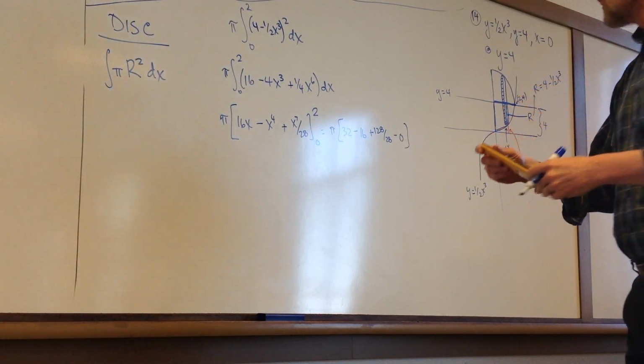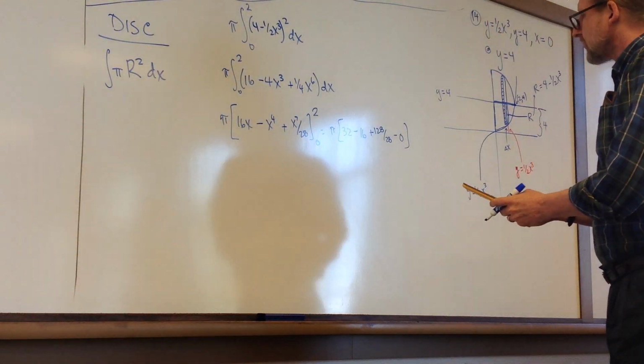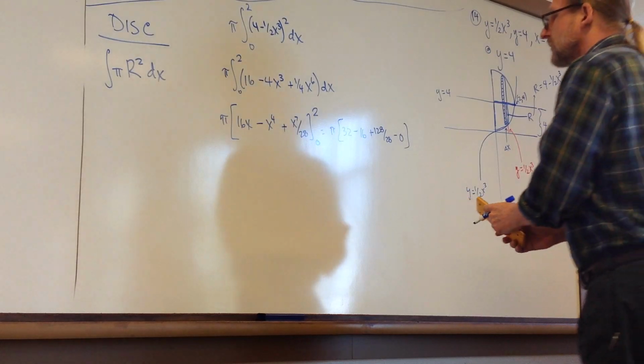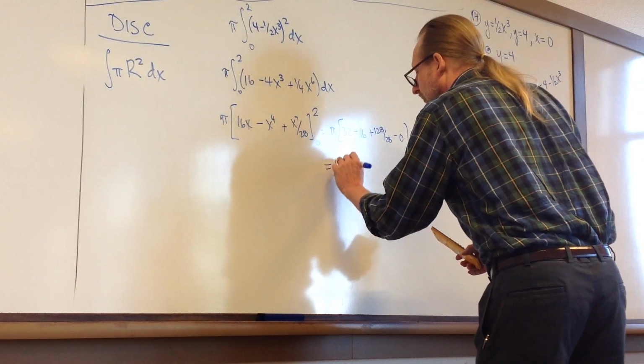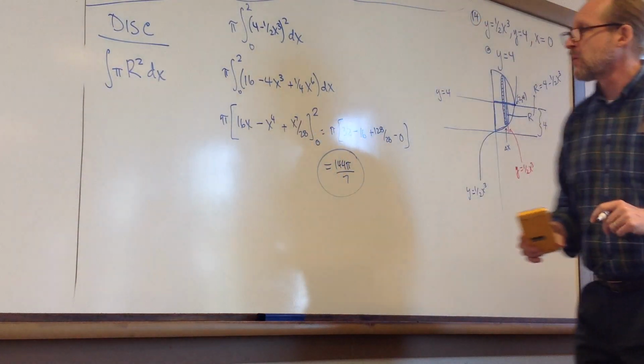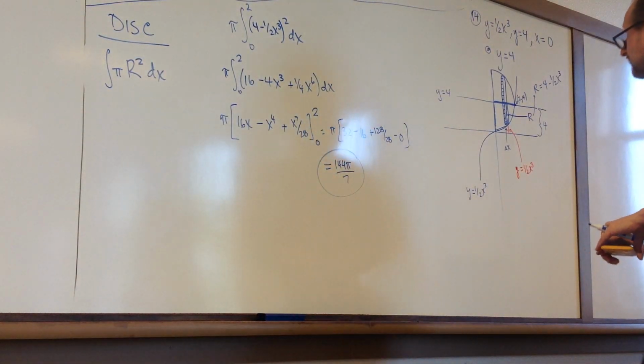So let's see what this comes out to here. 32 minus 16 plus 128 divided by 28. And so this should be 144 pi over 7, or some form of that answer, as I talked about in the previous videos.